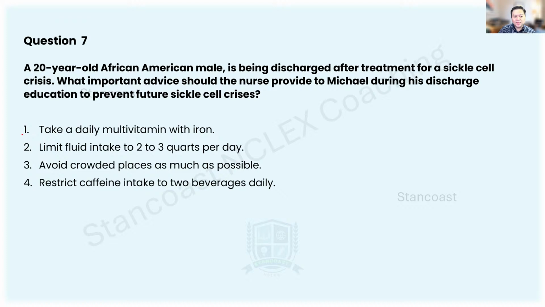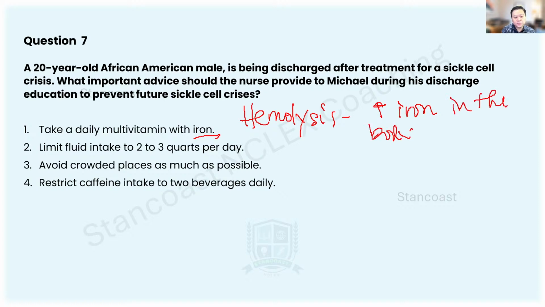Is it 1, take a daily multivitamin with iron? You think that can help? Let's screen that one. Number 1, iron supplementation. Remember what I said about the hemolysis that can happen in a patient with SCD? With that, there is going to be increased iron in the circulation and also in the body.